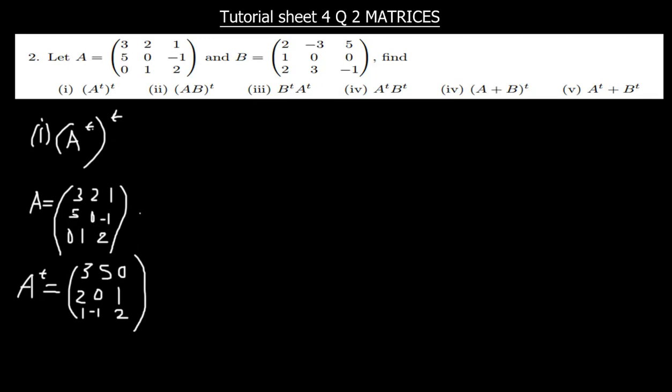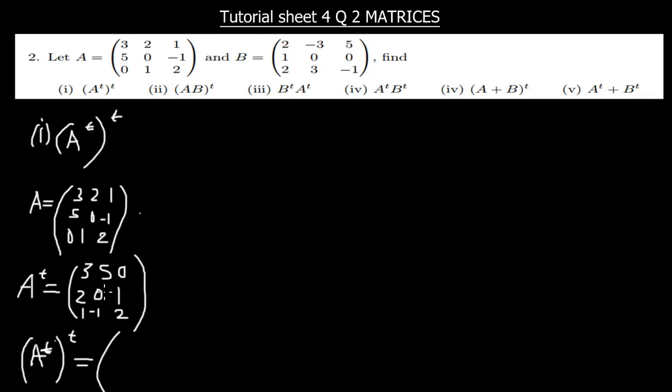So now we go on to finding our final answer, which is A transpose, and then you transpose the A transpose again. So we're transposing this same matrix here. Normally, when you transpose a matrix two times, it always goes back to the same matrix.